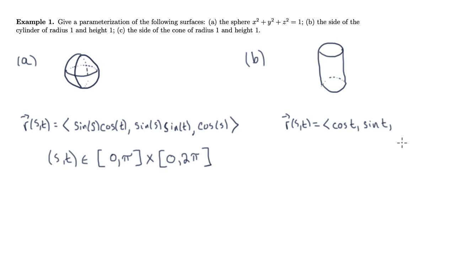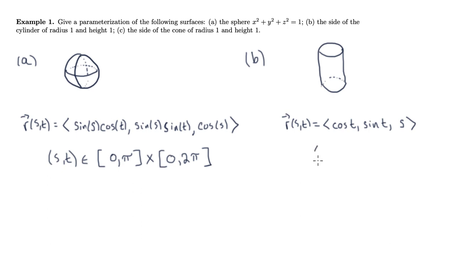Okay, so x and y, that's just the unit circle, parameterized. And then what about the z component? Well, the z component is just increasing constantly from 0 to 1 because it has height 1. So I'm just going to put s here, like that.